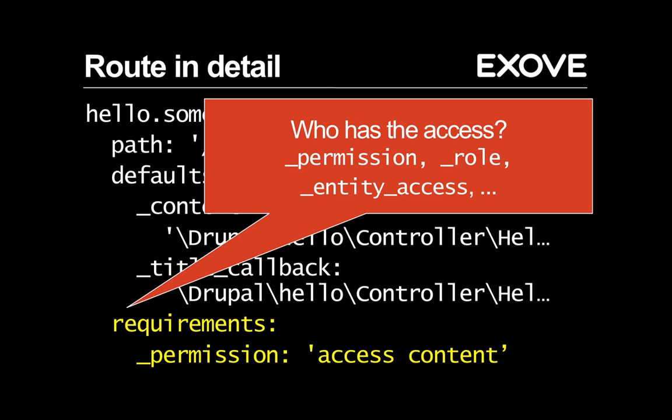One back. So, do you know if these requirements can be used, like, can we use multiple requirements in a route, for example, for permission and a role? No, actually, I can't remember.